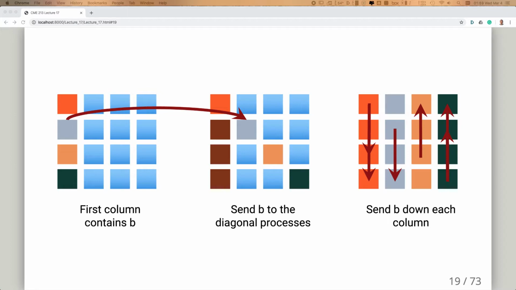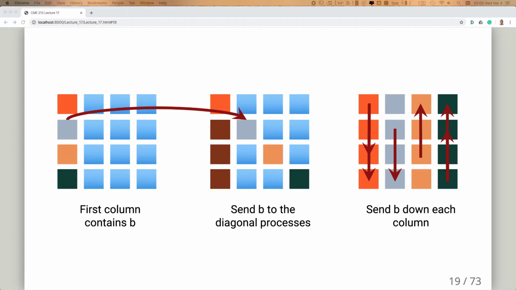First of all, these broadcasts are independent, so they can all happen very efficiently. And you're broadcasting only a small amount of data, because it's just a chunk of B, and only to a small number of processes, here these groups of 4 processes. So this operation is going to be faster than the previous operations.